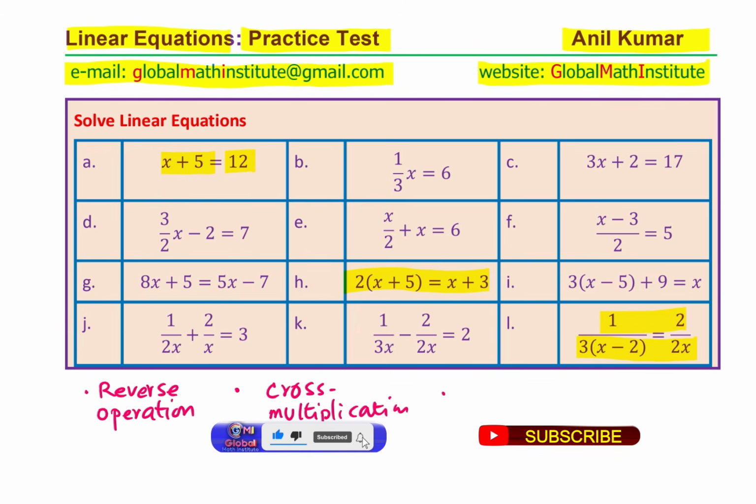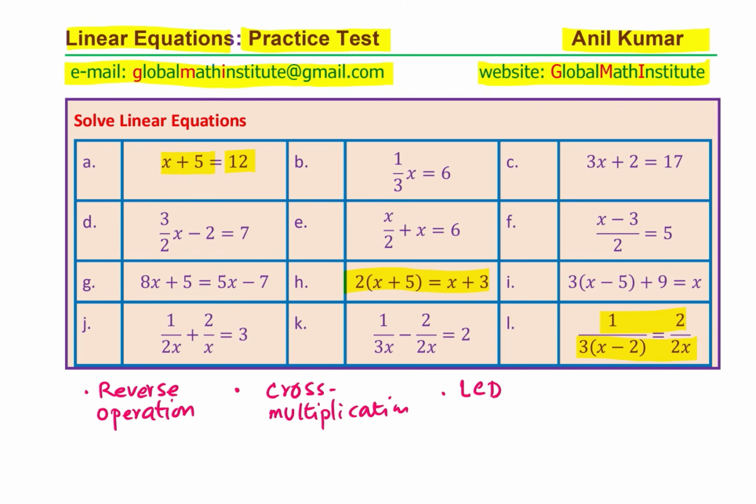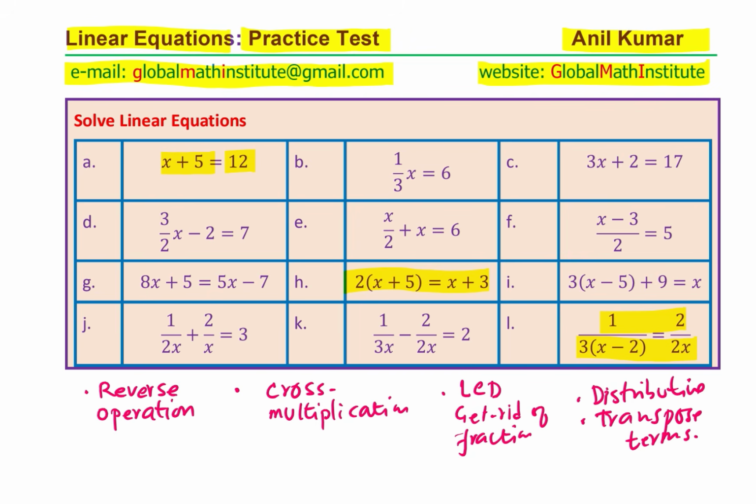And then we learned the technique of having a lowest common denominator and getting rid of fractions. And then we also applied distributive properties and transposed terms. Correct? And at the end, we actually solved rational equations with the help of these techniques learned.